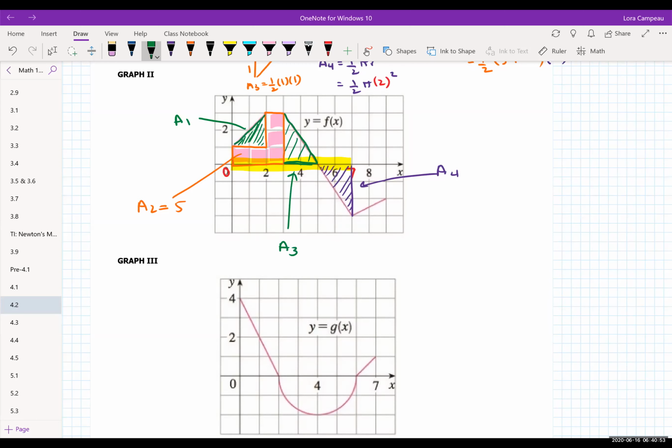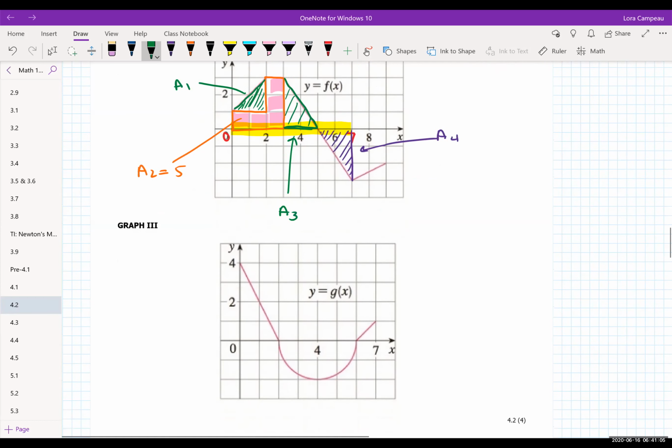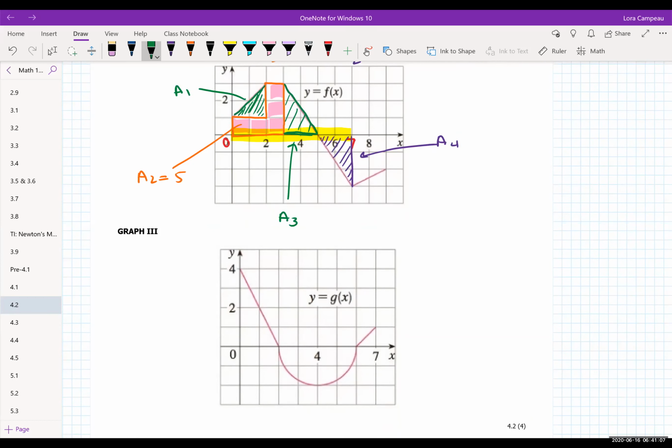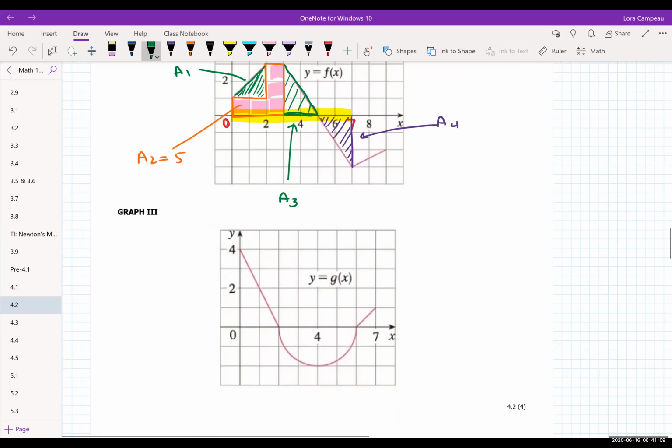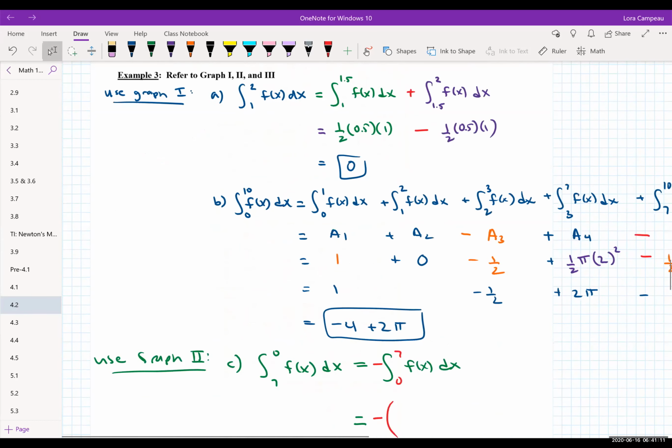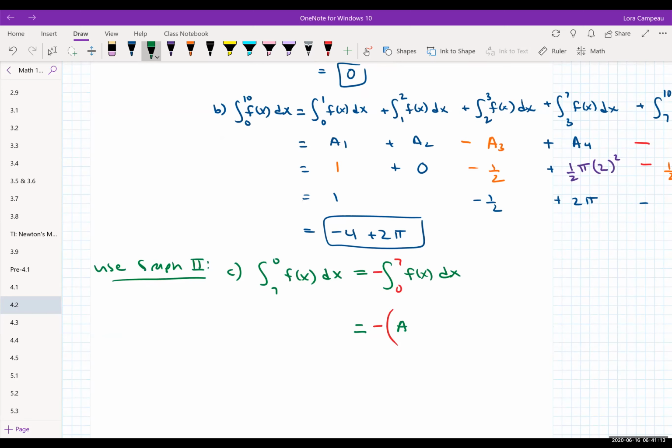So what we can do for ourselves is understand that we are looking at everything. So let's look at area 1, area 2, area 3, and area 4.